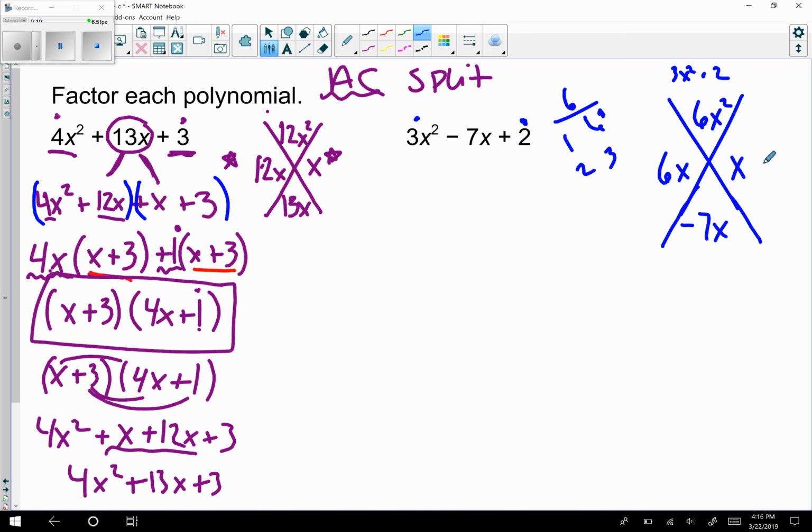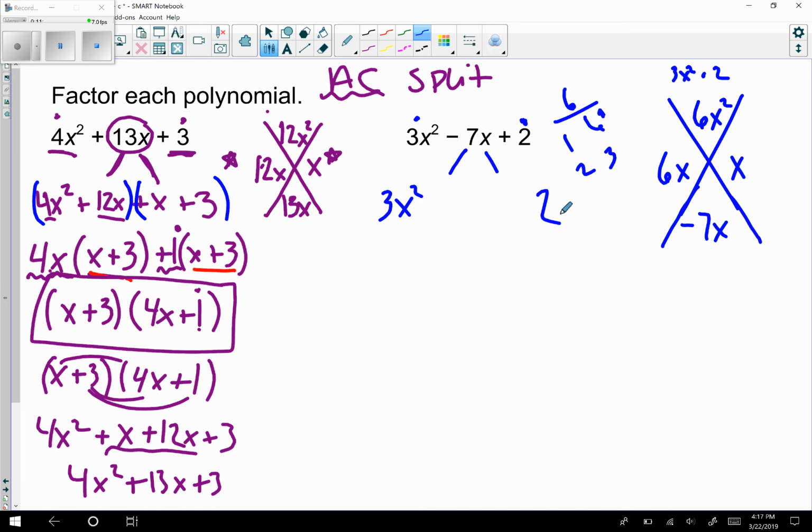So I just realized that in the last problem, I never really explained to you which number to put where. Like I have 6x and I have x, and I never explained to you how to set up which one goes where. So what I do, you guys, is I take a second and I look.